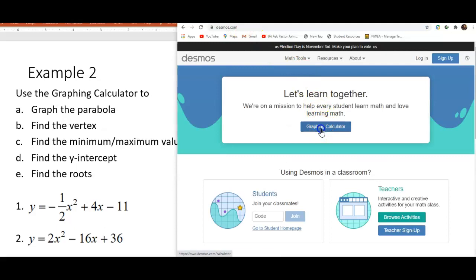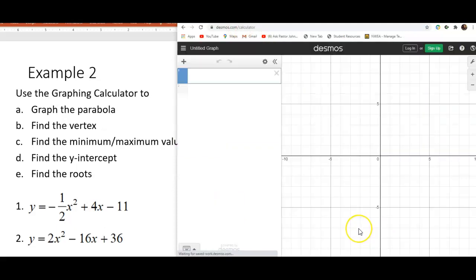Then you're going to click on Graphing Calculator. And then we're going to be typing these functions into this window on the left, and then we're going to be able to answer the questions. We're going to graph the parabola, and then identify the vertex, the minimum, the maximum, the y-intercept, and the root.